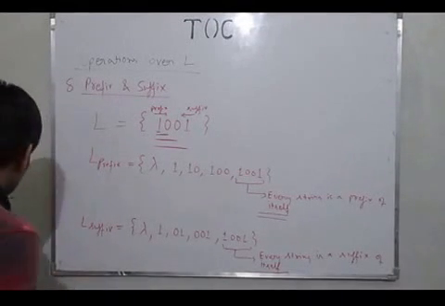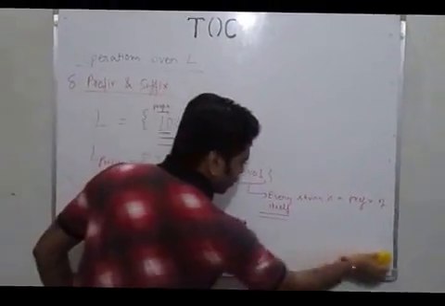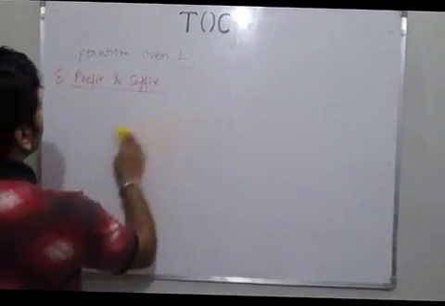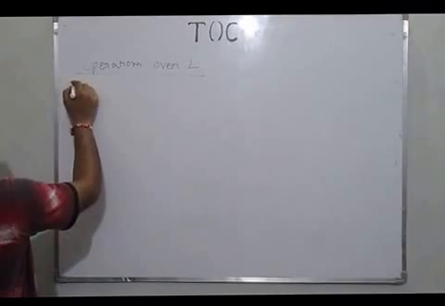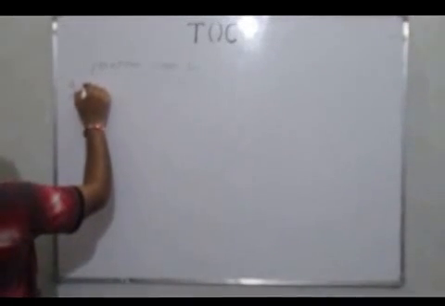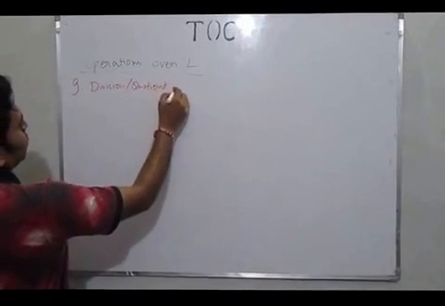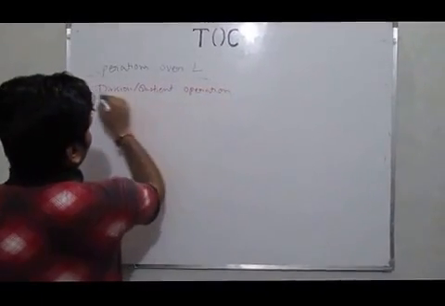Now the last operation that we are left with is the division. How can we perform the division over a given language? So the 9th operation is the division or quotient operation. So how can we find this?